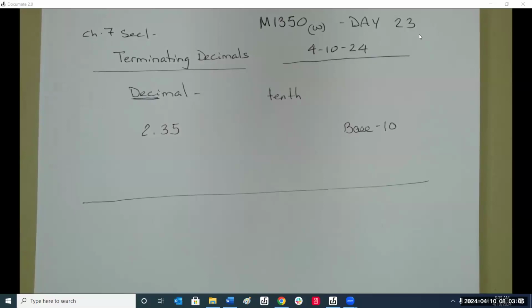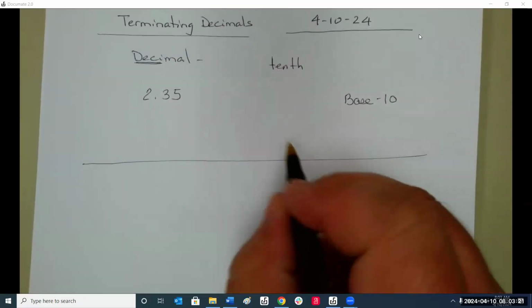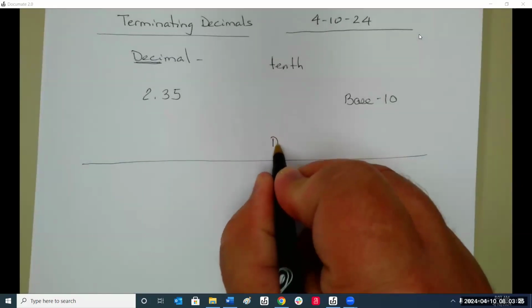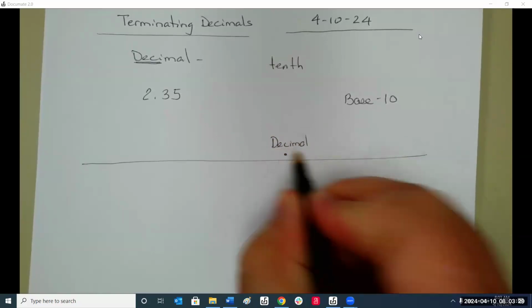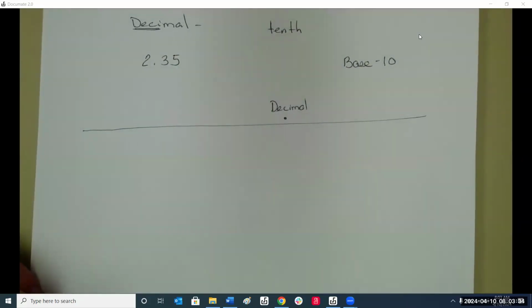Each group of numbers, the single digit numbers, go from 0 through 9. Those are 10 numbers. Then it goes from 10 to 19 before it switches to 20 to 29, 30 to 39, 40, 49. So we're a base 10 system. The decimal point separates numbers that are larger than 1 from numbers that are less than 1.